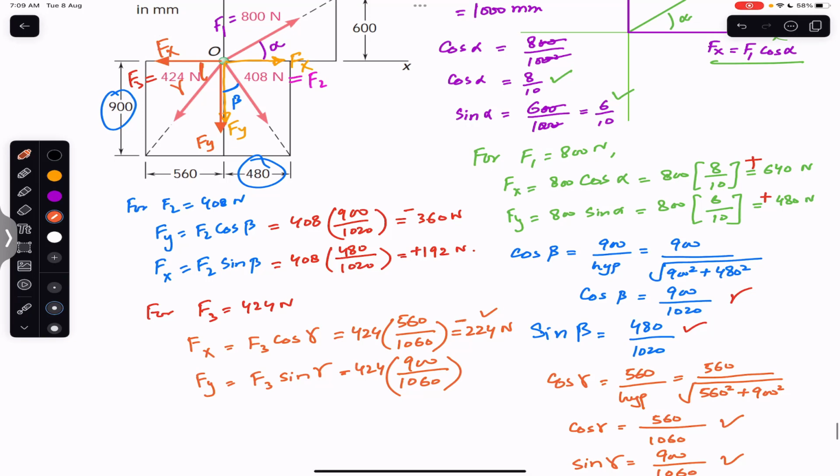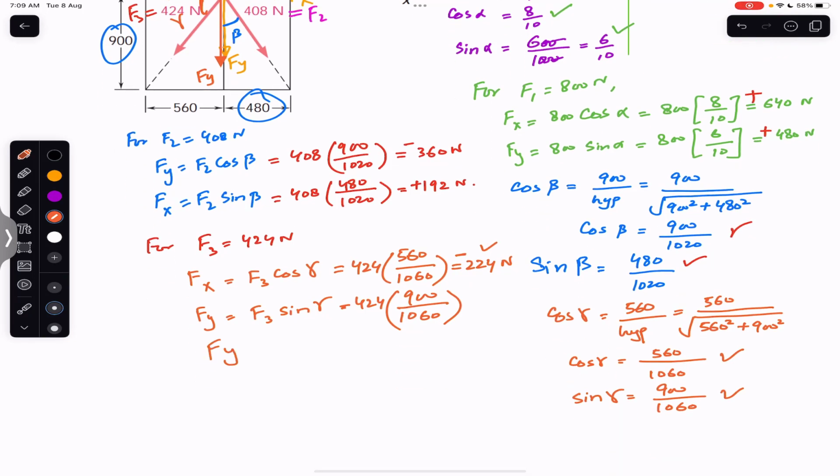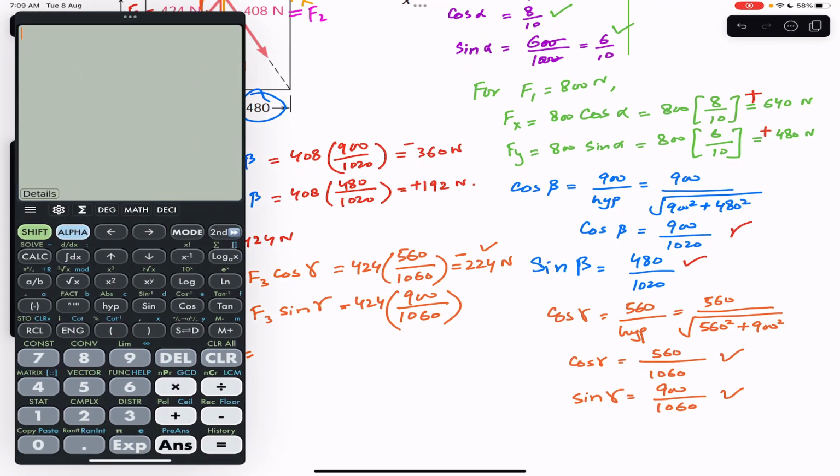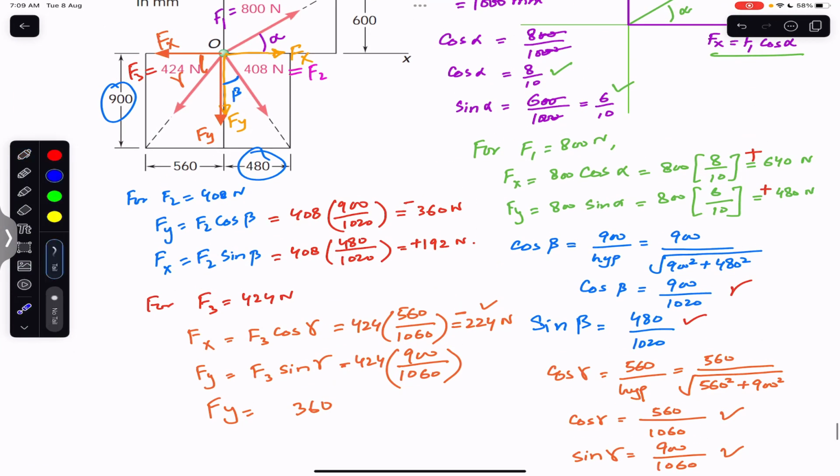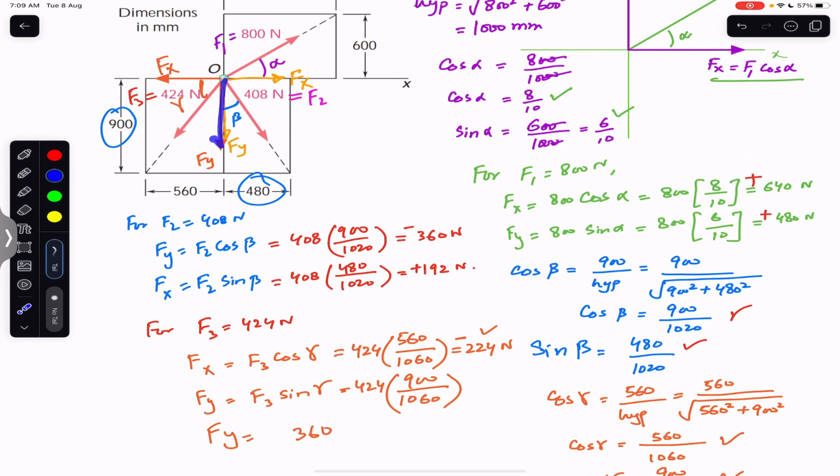And similarly, this f of y is 424 into 900 divided by 1060. This is 360. And this f of y is also acting in the negative y direction, so we will put a minus sign here.